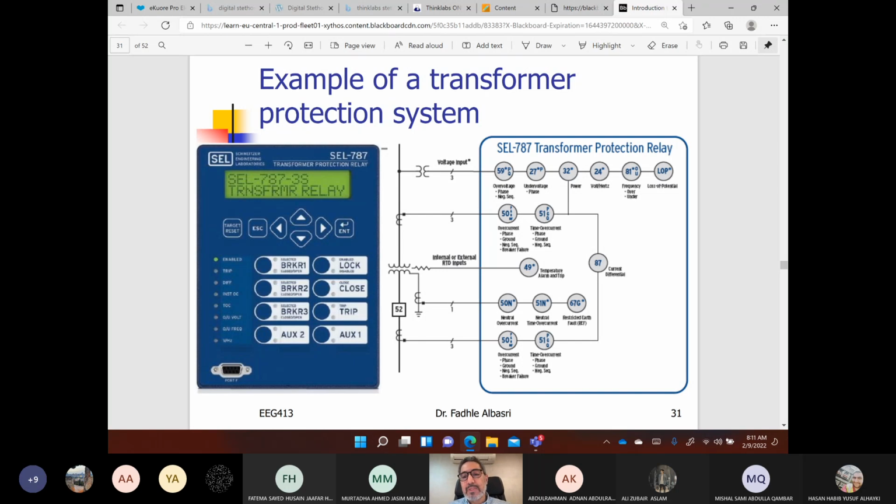Sometimes we take impedance measurements, like in distance relays, based on which we know whether there is a fault in the transmission line or not. So there are different criteria.